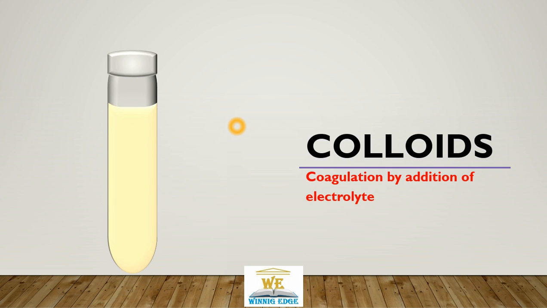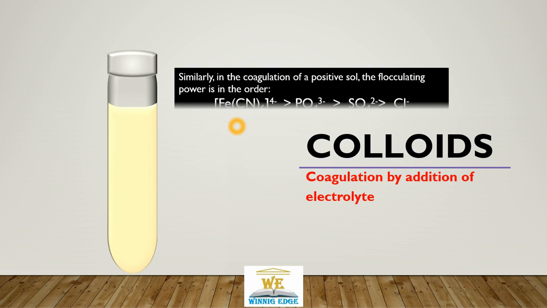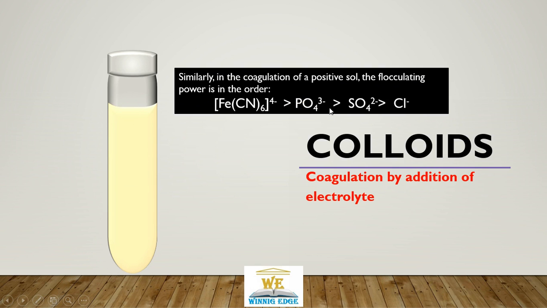Similarly, for coagulation of a positively charged sol, we use negatively charged ions, and hexacyanoferrate(II) has a greater flocculating power than phosphate, which has a greater flocculating power than sulfate, which in turn has a greater flocculating power than chloride ions. This is the order of flocculating power of negatively charged anions for positively charged sols.